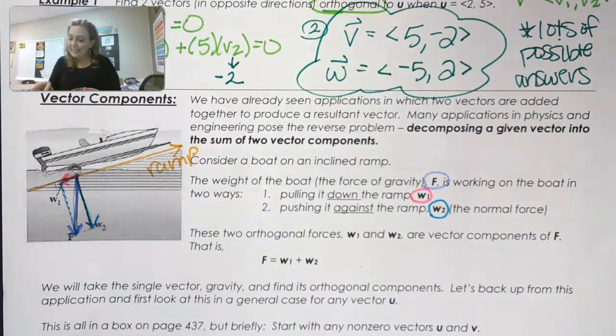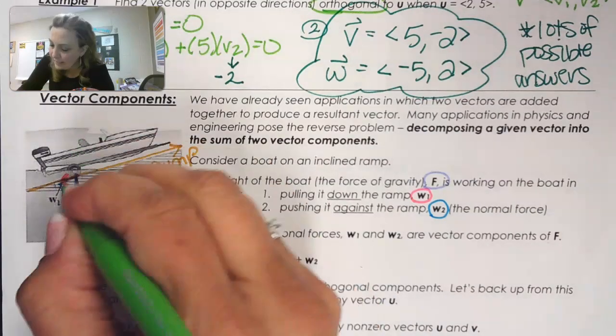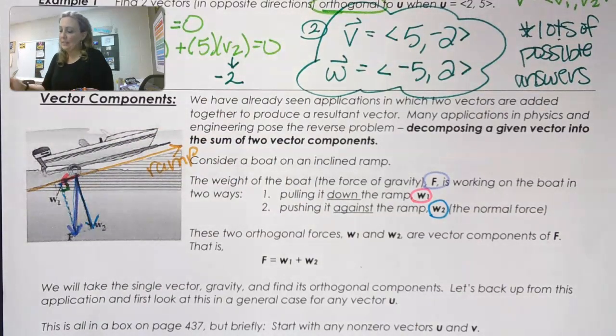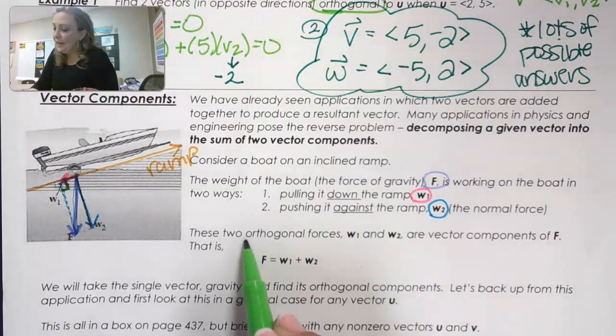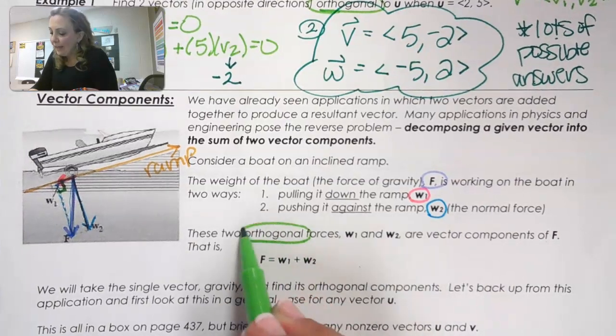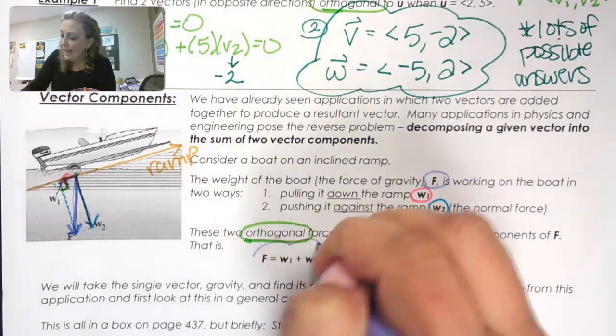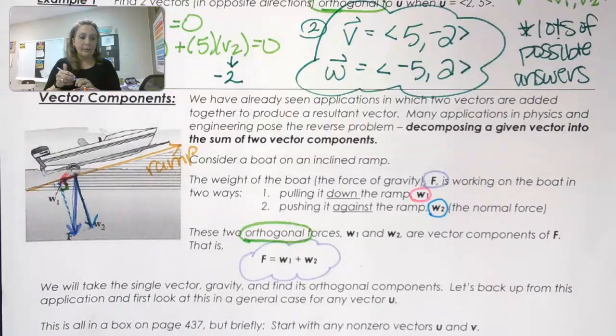So we can see that those are two forces, and these are orthogonal to each other, which means they are perpendicular. We have these two orthogonal forces, W1 and W2, and we call those the vector components of F. So our vector F is going to be W1 plus W2.